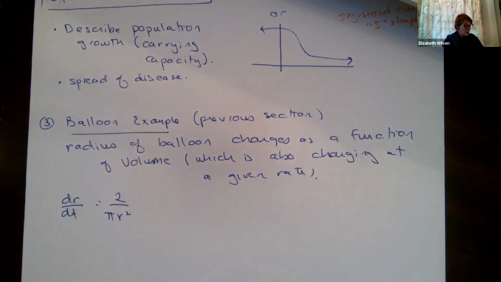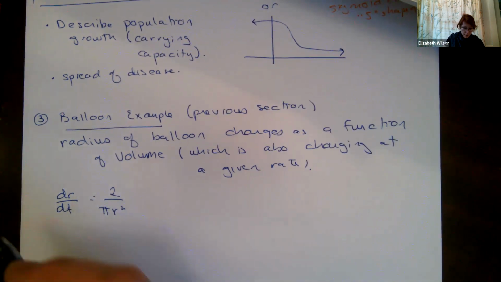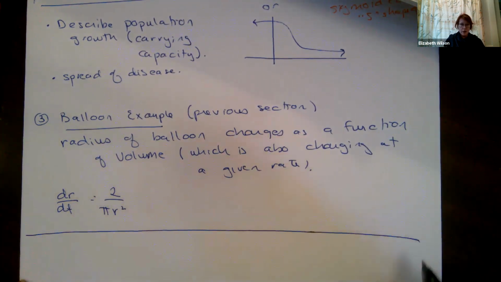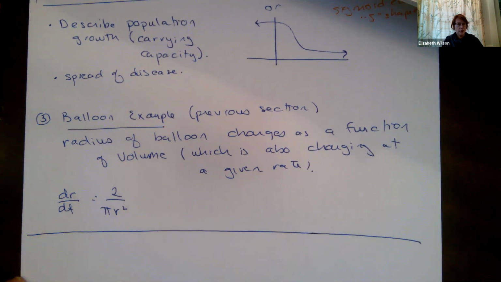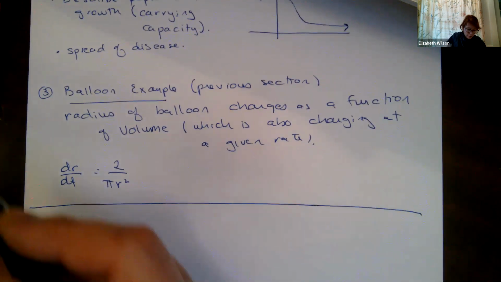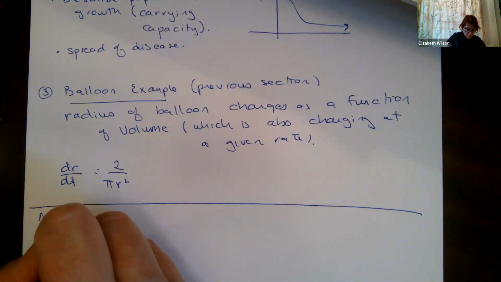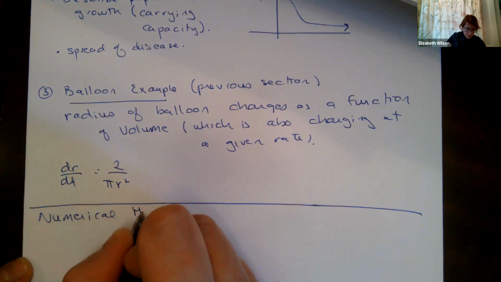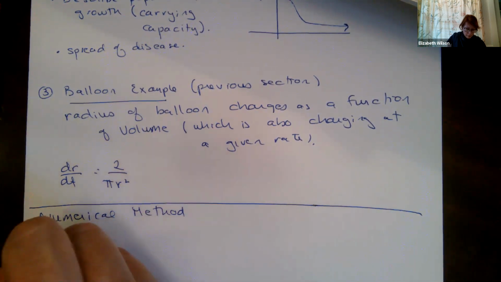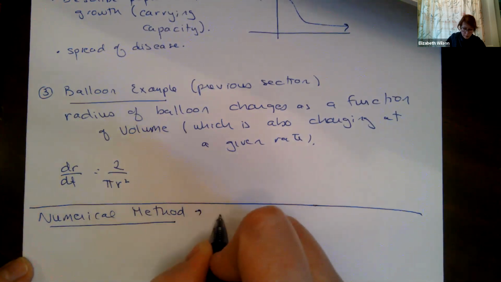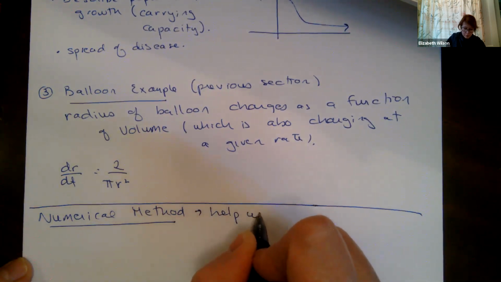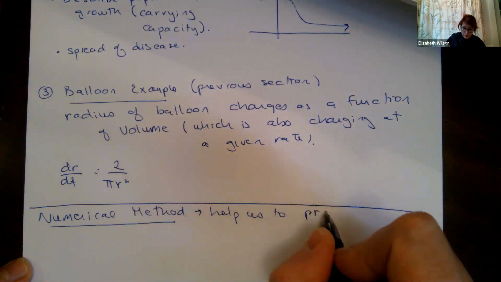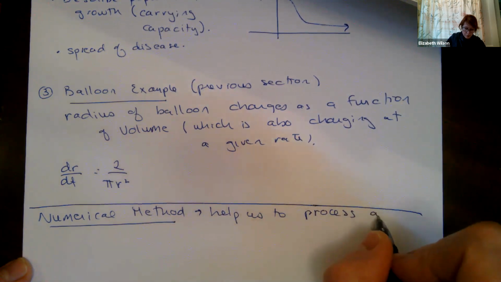Okay, so we need to have a numerical method for being able to process these things, because differential equations can be complicated. So we need a numerical method, which is going to help us to process a differential equation.